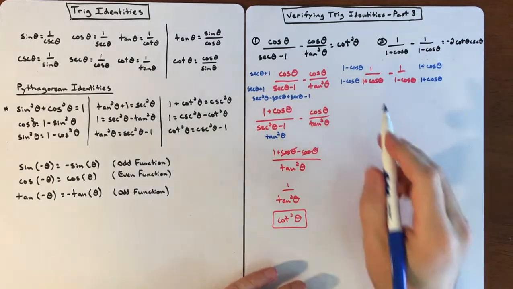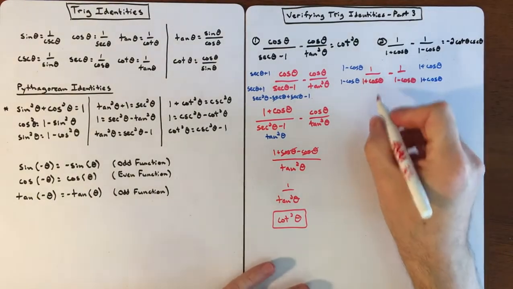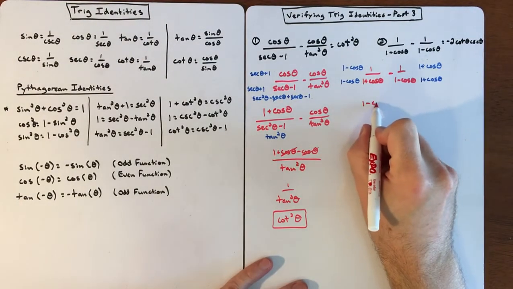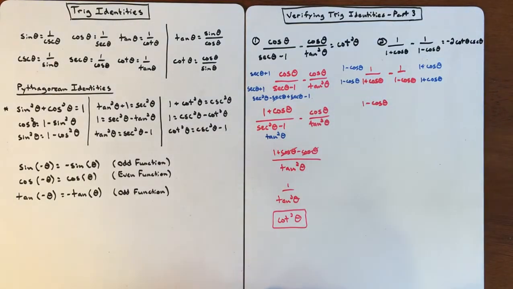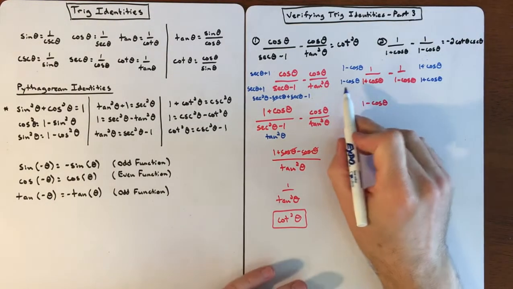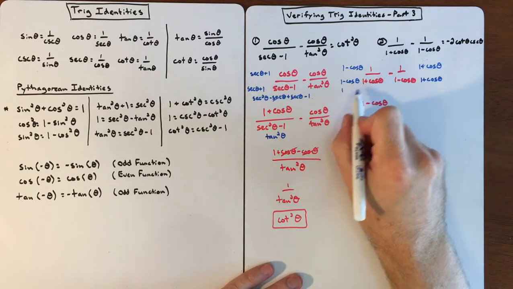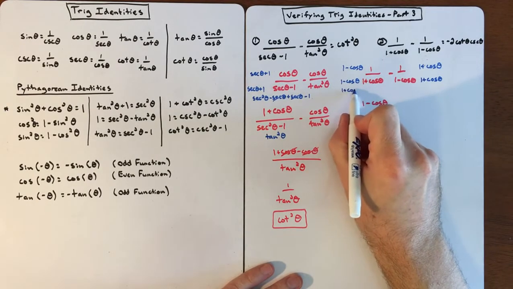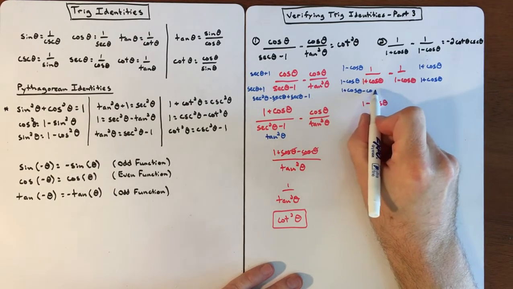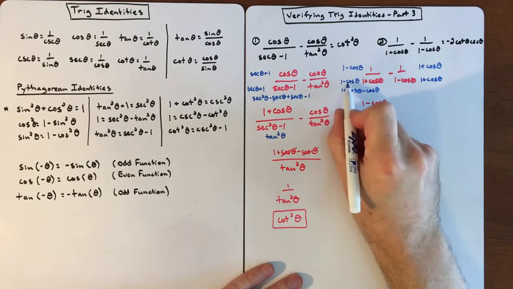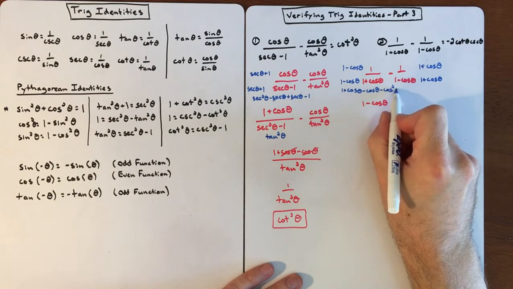Okay, so the top, nothing really happened to the top. It's just 1 minus cosine times 1. So 1 minus cosine. Now the bottom, though, if we FOIL that out, distribute it all together, we got a 1 times a 1. So that's 1. 1 times cosine is cosine theta. And then a negative cosine theta times 1, and then a negative cosine squared on both of these two denominators.